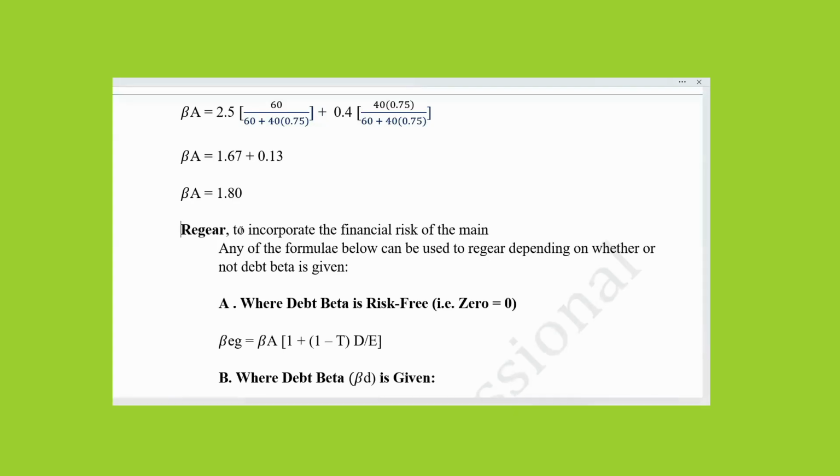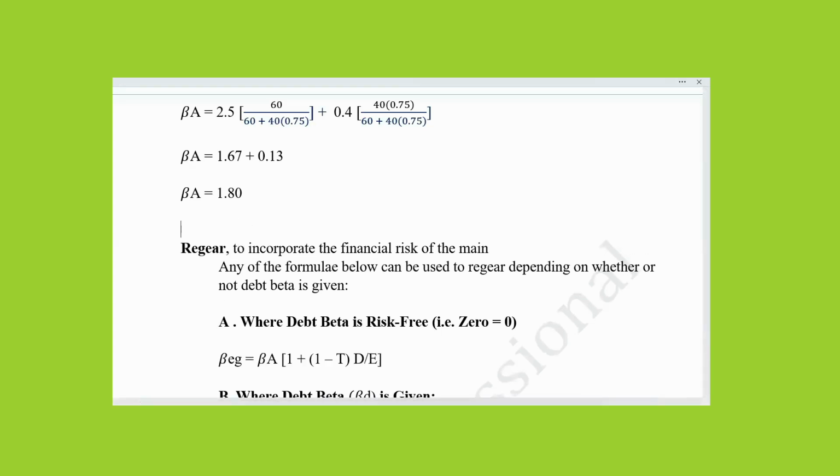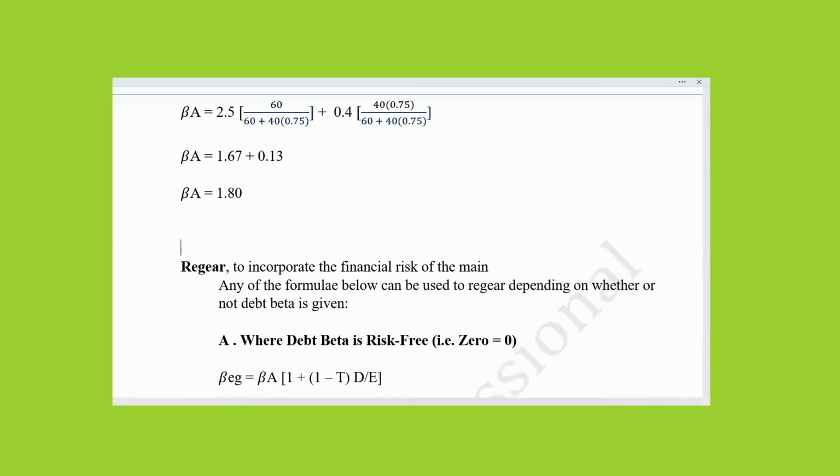I explained this in class also. I said that you can use single value or you use total value. When you say single value, this is what I'm trying to say. If you are given, for example, like in this case, a gearing ratio of 40%, right?